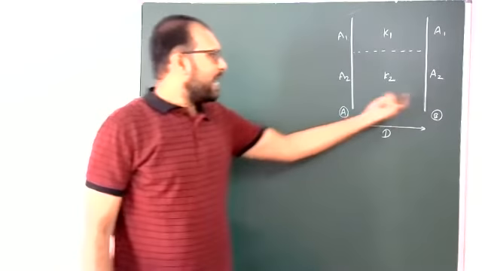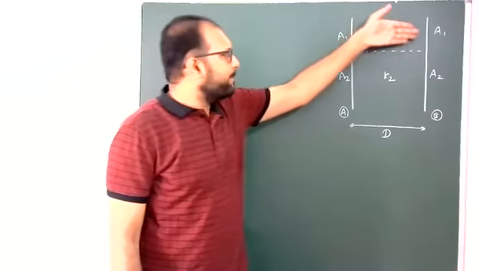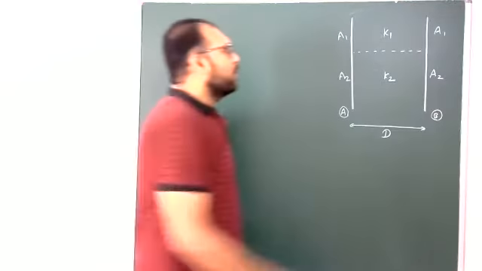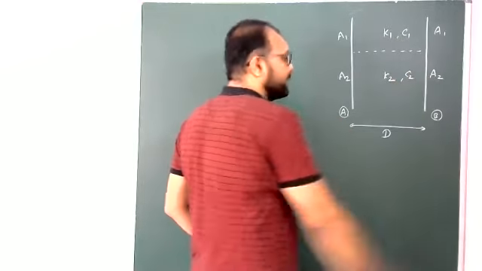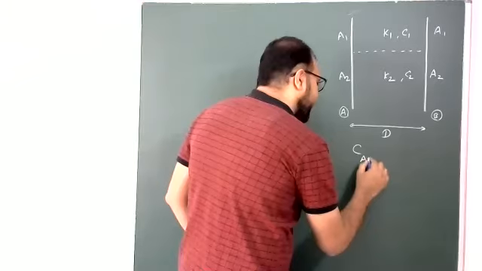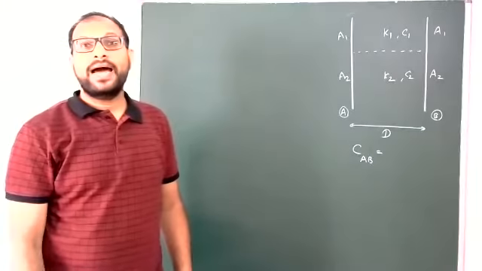Yes, plate A and plate B. So student, this is now one complete capacitor, and that is another capacitor. This capacitance is C1, this capacitance is C2. Then the capacitance between A and B is a parallel combination.